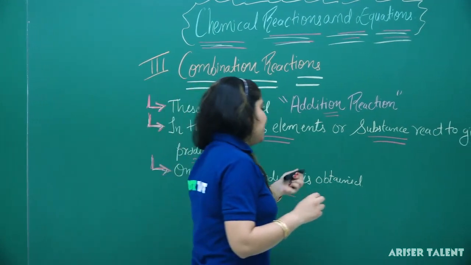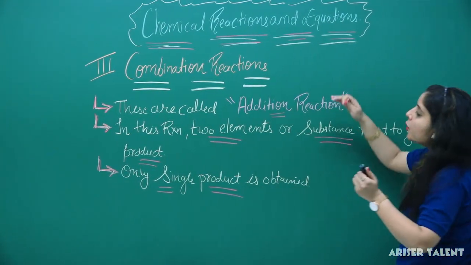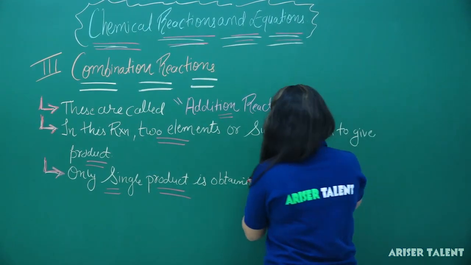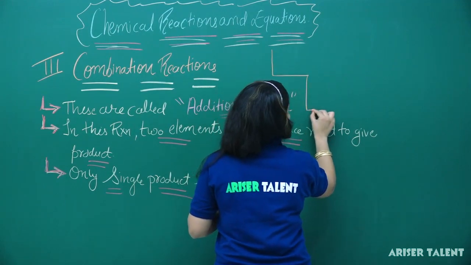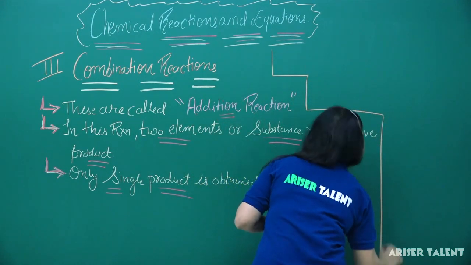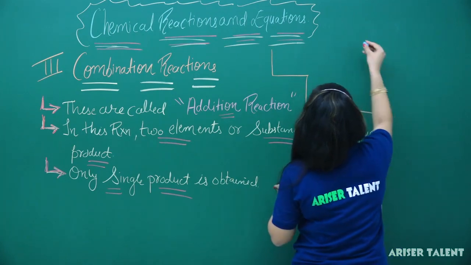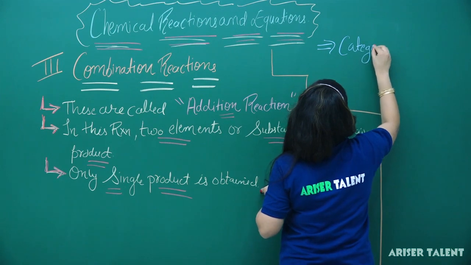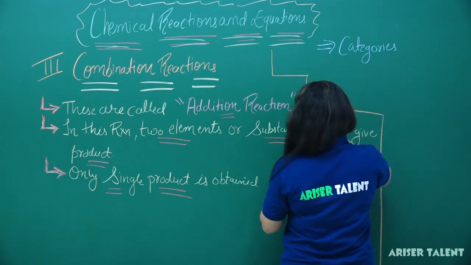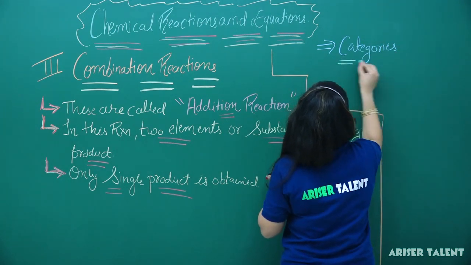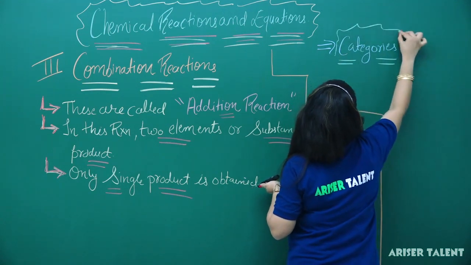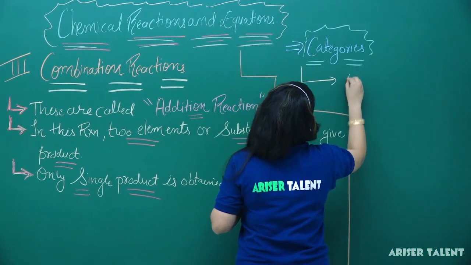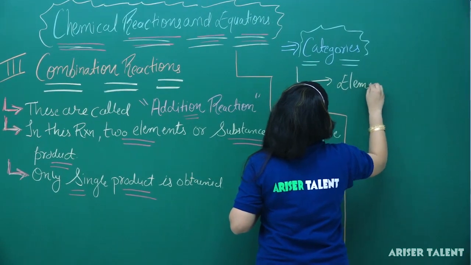Now, in our previous lecture, we discussed that combination reactions can be of several types. So what are the specifications of these reactions? We have different categories. The different categories for the combination reaction are: first, the reaction can be element-element.